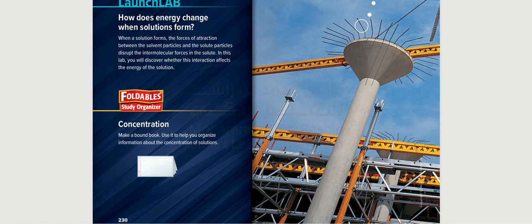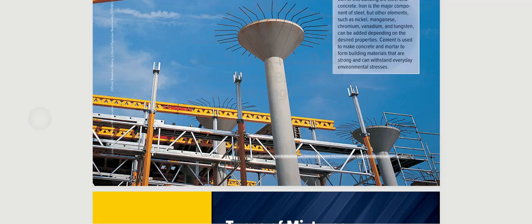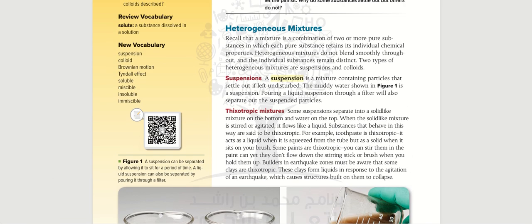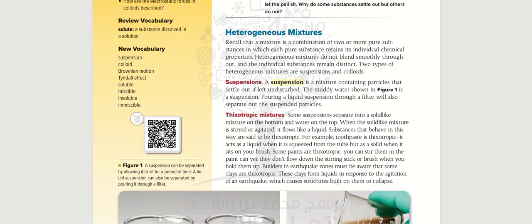You know from grade 7 and 8 that we have two types of mixture: heterogeneous mixture and homogeneous mixture. Heterogeneous mixture is where they are not completely blended and you can see the particles of the mixture. Homogeneous mixture is when they are completely blended together. That is what we studied before in grade 7, 8, and so on.